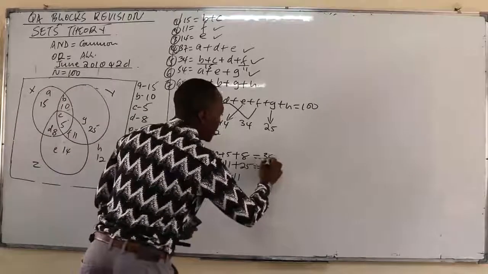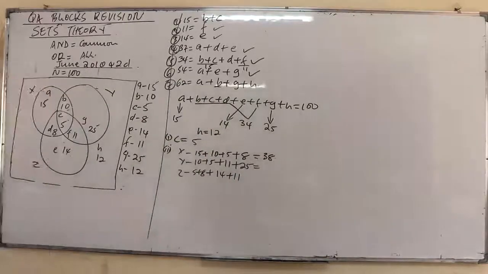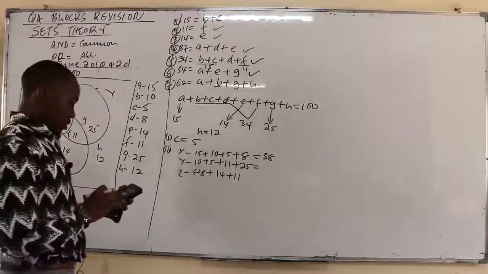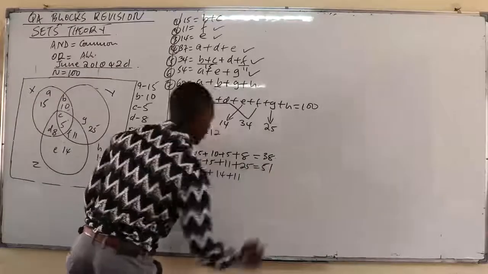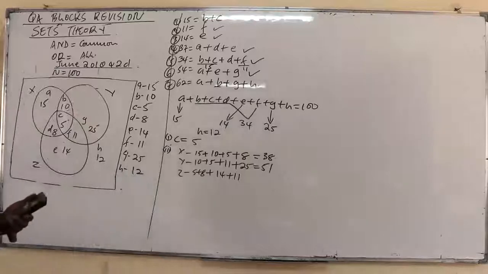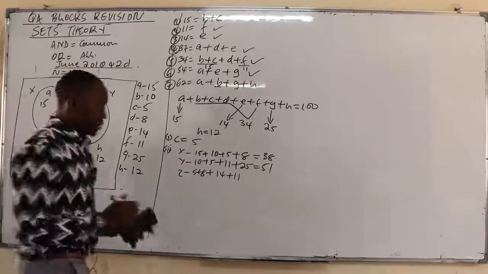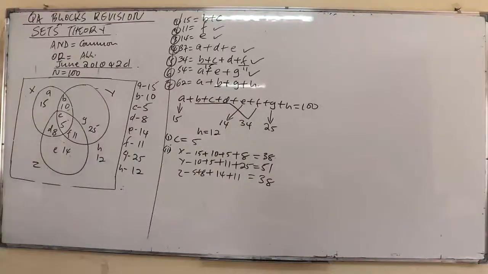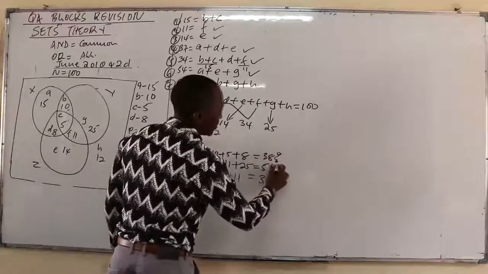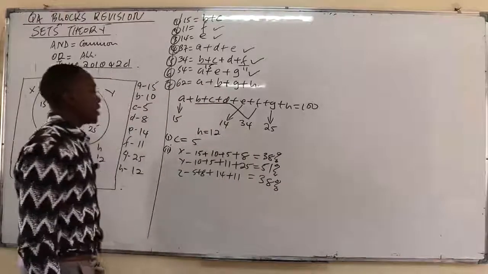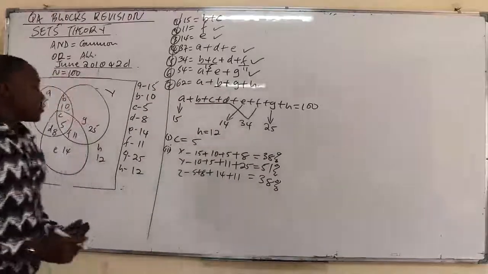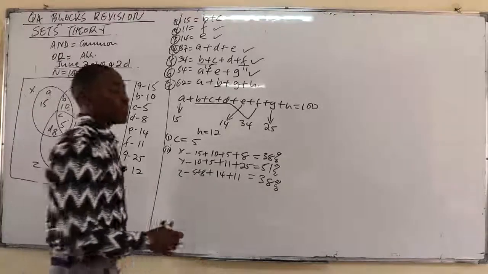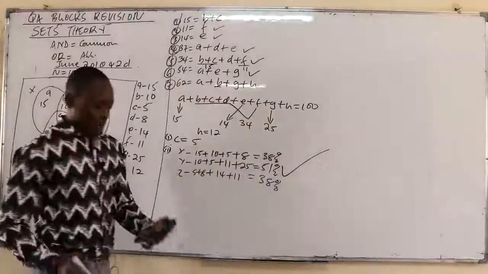Then we get 38 for X, that's 15 plus 23. Y gets 51. Then we have 13 plus 25, you get 38. So this is percentage. Who will be elected unopposed? Y. Y has 51%. That's what they were looking for.